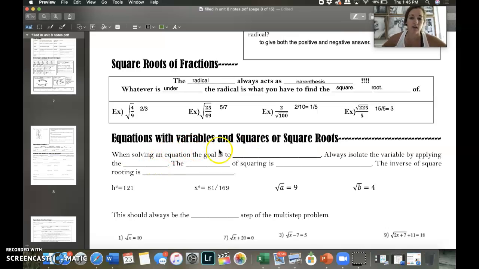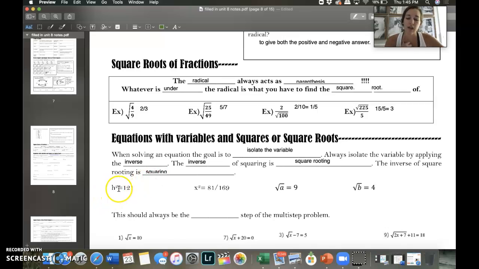So when solving an equation, the goal is to isolate the variable, and always isolate the variable by applying the inverse. The inverse of squaring is square rooting, and the inverse of square rooting is squaring.